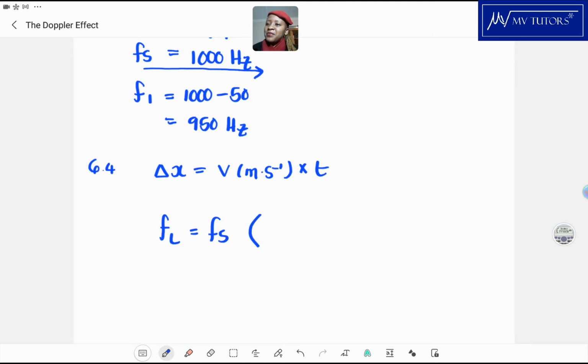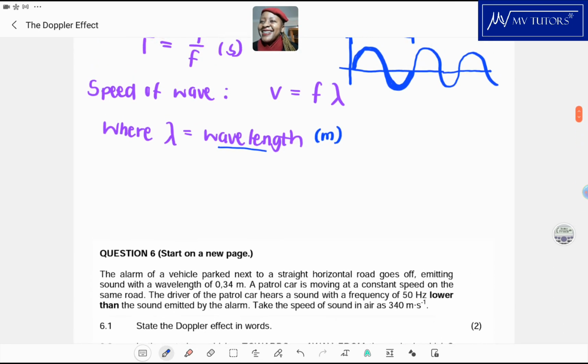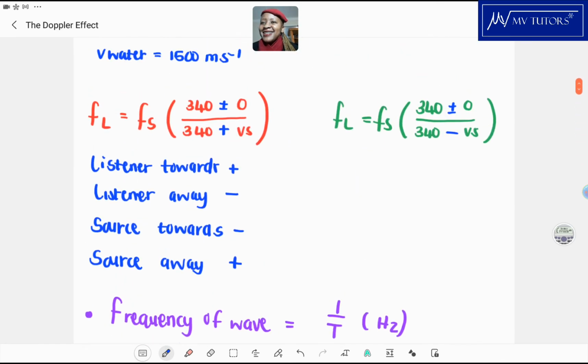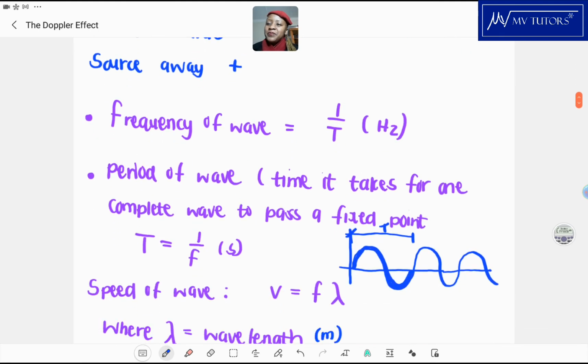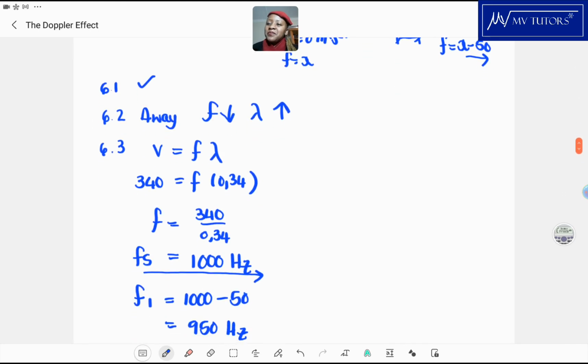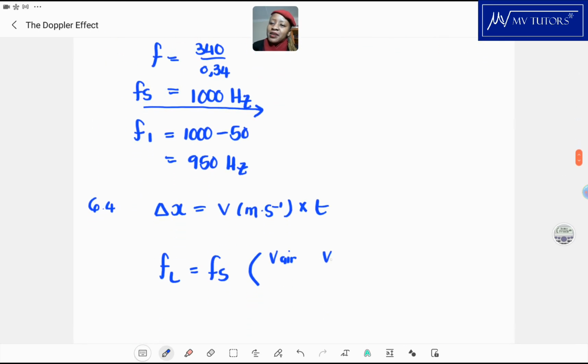Okay, I'm just trying to remember the equation. You have the speed of air, and you have the speed of, is it the listener? Let me just check. Yes, the speed of the listener, which is the patrol car, again the speed of air, and then the speed of the source. We know that it's 0, right?